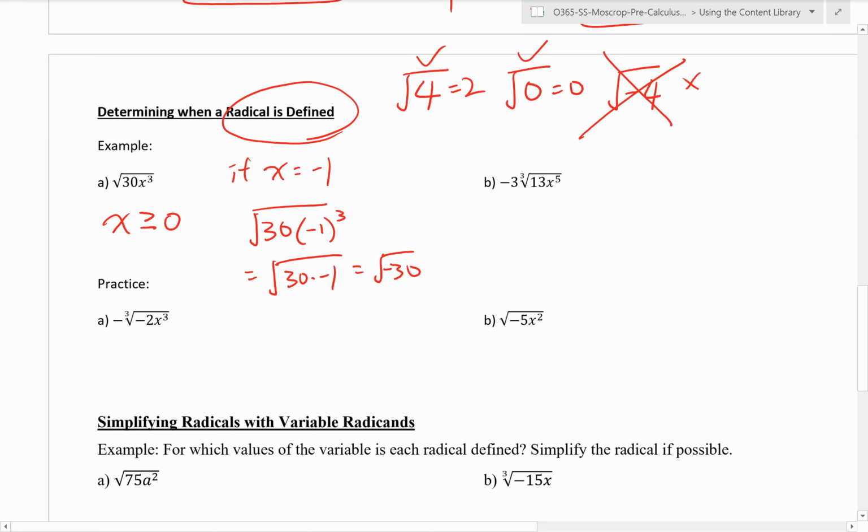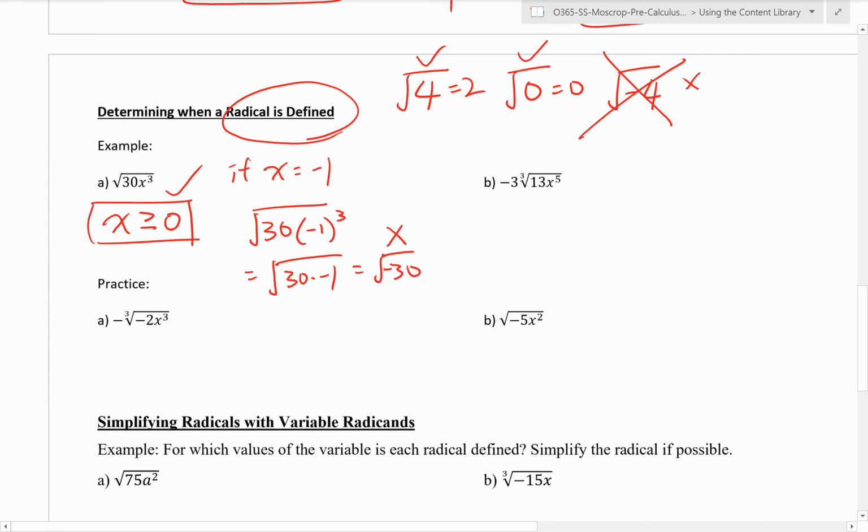That's not possible. We cannot take the square root of negative numbers. So this is not okay. That's why I have to say that x has to be greater than or equal to 0 in order for this radical to be defined. Okay, this is good. What about part B?